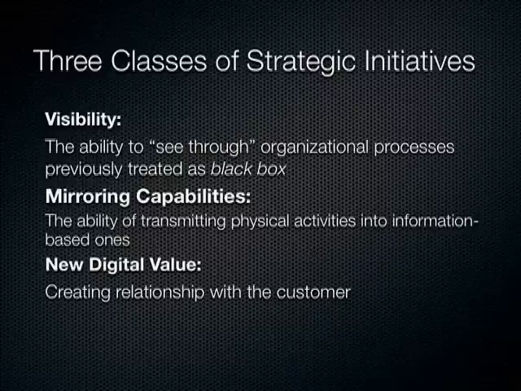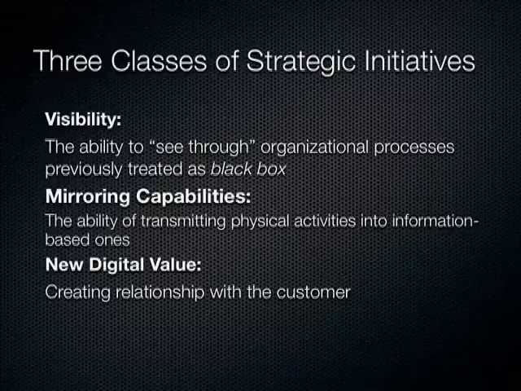We see the virtual value chain being used in political campaigns where we're able to tie someone's use of the internet to find a candidate's political position to other parts of their thinking process. We can target them differently. The second initiative would be mirroring, the ability to transmit or take physical activities into information-based ones.